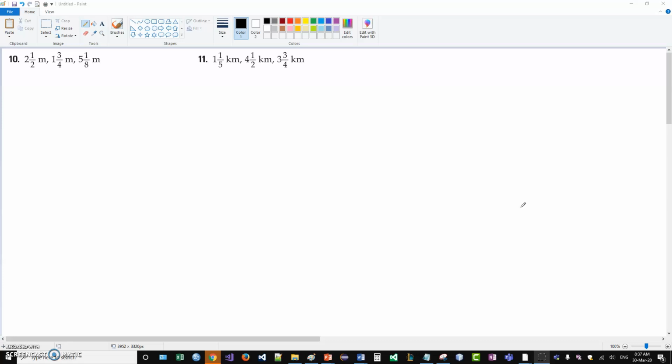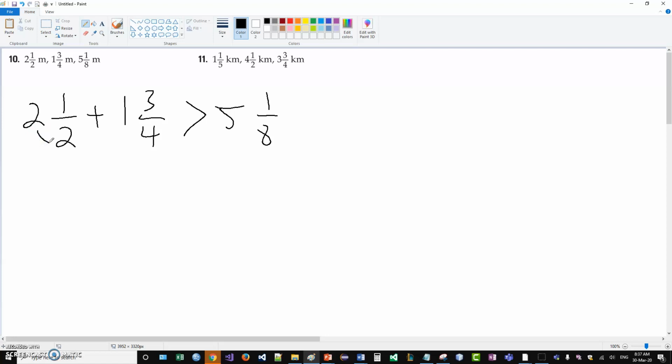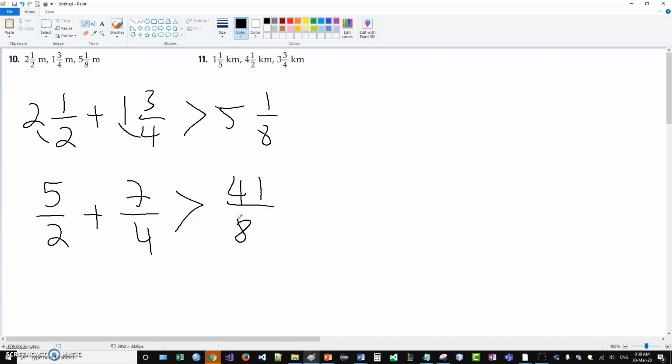Okay, so again, let's try this. 2.5 plus 1 3/4. Is that greater than 5 and 1/8? Let's convert these to improper fractions. So 2 times 2 is 4, plus 1, that's 5 over 2, plus 1 times 4 is 4 plus 3, that's 7 over 4. Is that greater than 41 over 8?